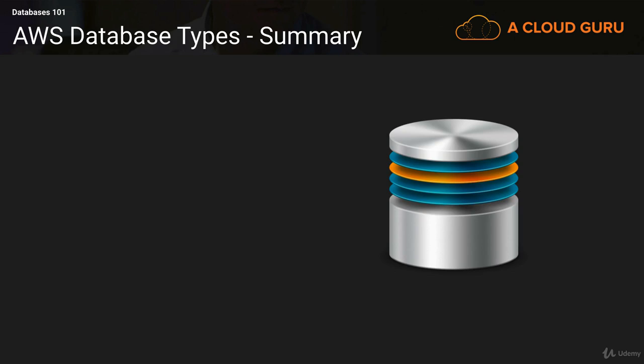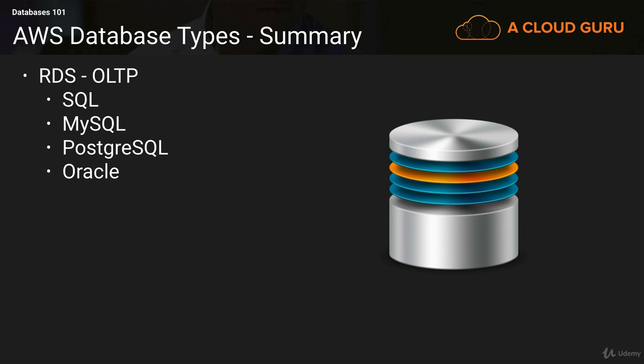So we've learned all the different types of databases for AWS. Let's just summarize what they are. We've got RDS, which is online transaction processing. That consists of SQL Server, MySQL, PostgreSQL, Oracle, Aurora, and MariaDB. Throughout most of this course, we'll be using MySQL, but you do need to understand what Aurora is at a high level and the pros.